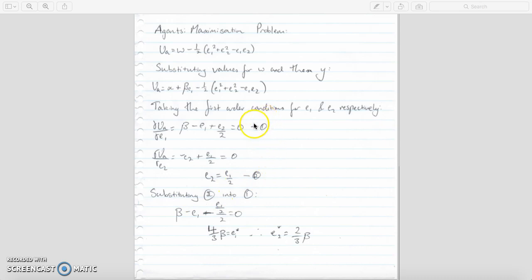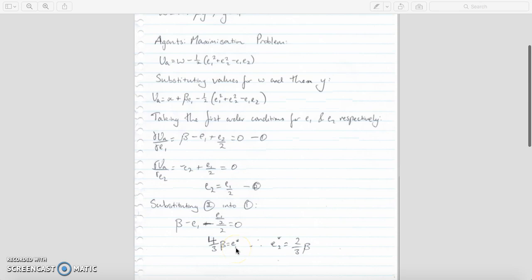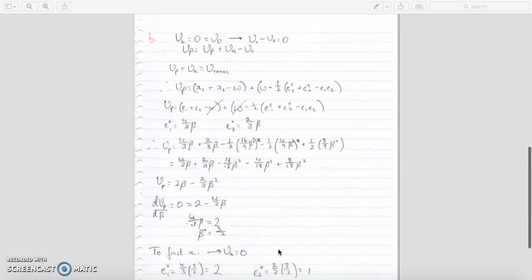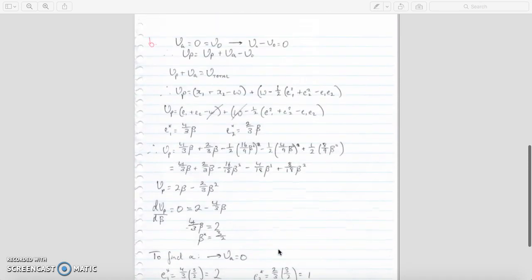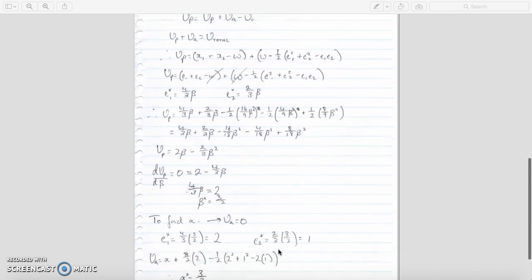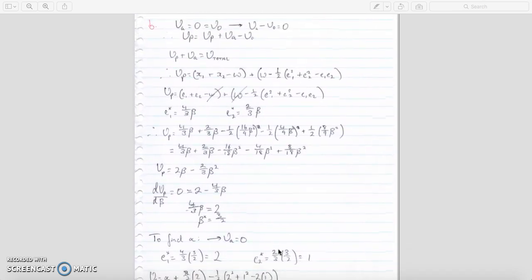So then we can substitute 2 into 1, and we find that e1 star, which is the best response for the agent for task 1, is 4 over 3 beta, and therefore substituting that back into this equation here, we find that e2 star is given by 2 over 3 beta. So now we know what the agent has chosen as their best response.